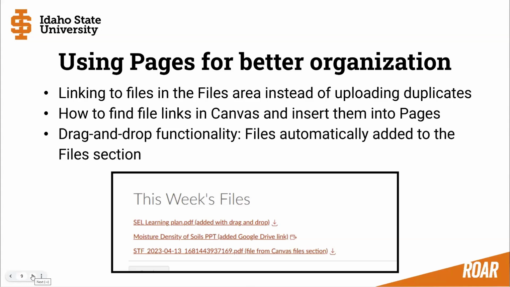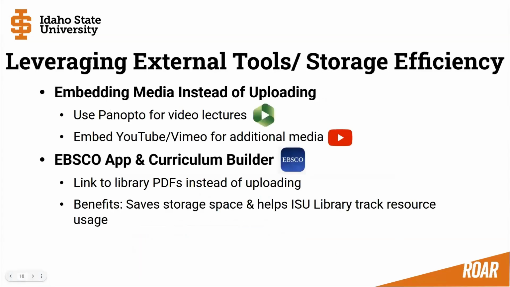And then the last one is a file that I already had in my Canvas files section, and I've just linked to that. There's an option to do that, and it just looks like any regular link. So these are all just going to look like regular links for your students and shouldn't cause any extra issues for you.